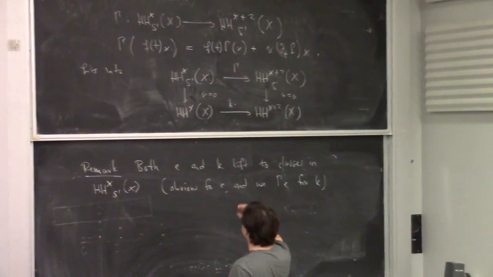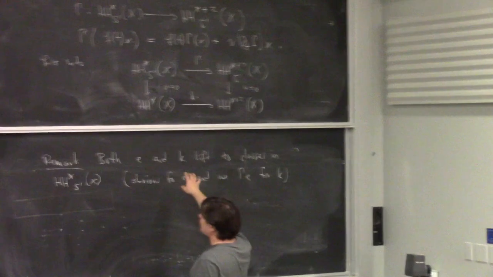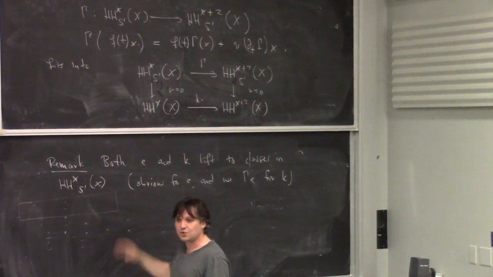And the Kodaira-Spencer class also lifts to an equivariant class. There's two ways of seeing this.